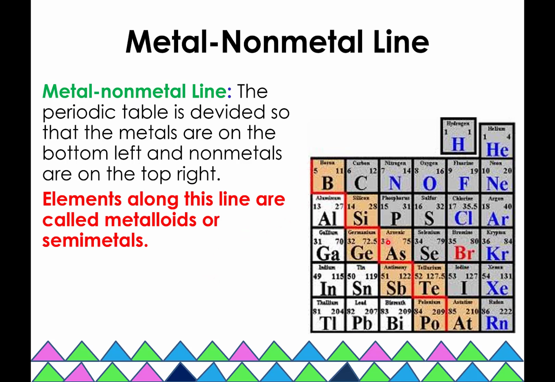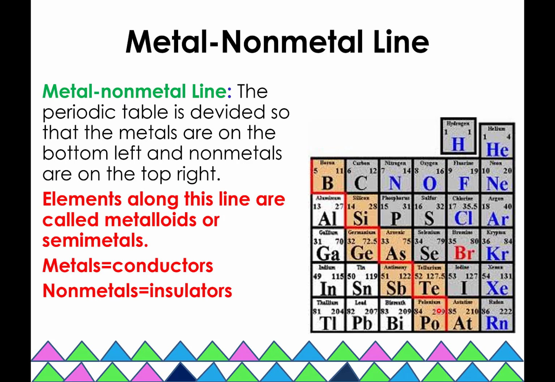Elements that are along this line, such as silicon, germanium, arsenic, etc., these are considered metalloids or semimetals. So metals are conductors, nonmetals are insulators, typically, and metalloids are semiconductors.